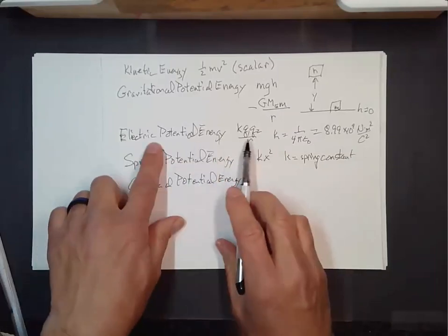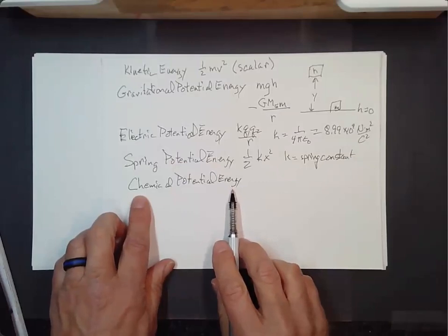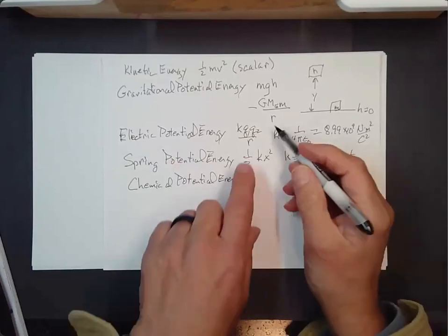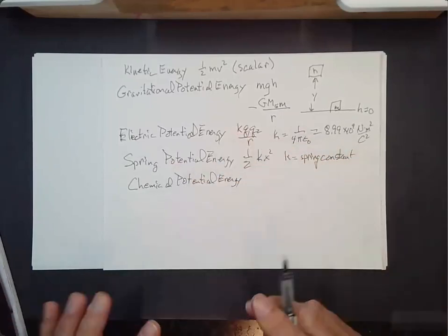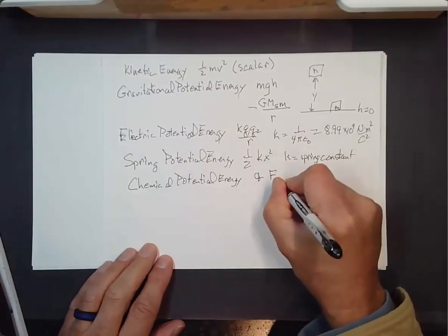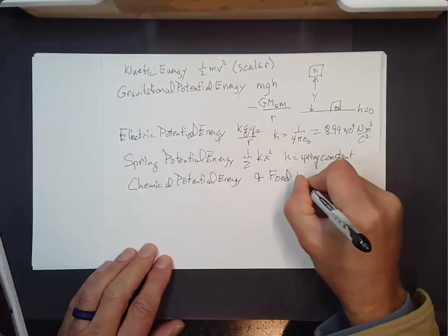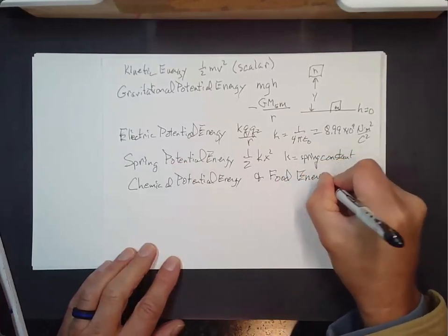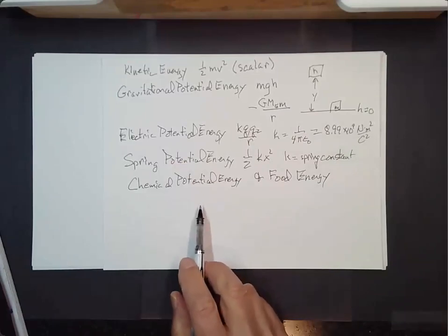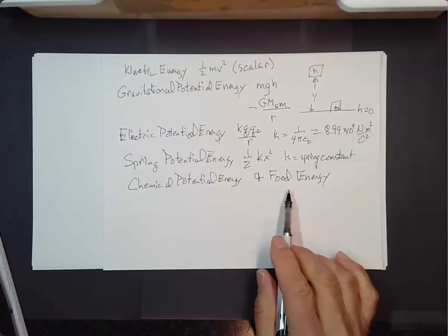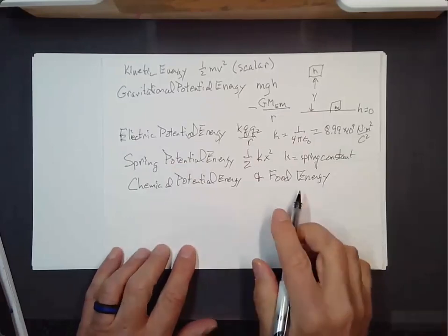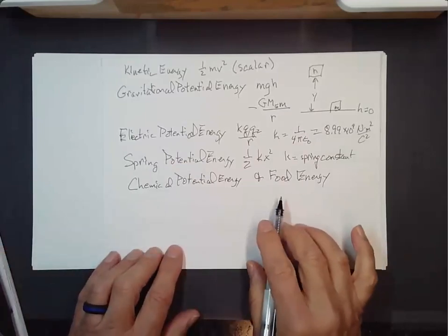In general, it's an electric potential energy, but for not just individual point particles, but more complex situations. And a closely related one is food energy. And that's one that is actually a chemical potential energy. It's how much energy can be released by food that you eat and made useful to your body. So that'll depend on all kinds of different things.